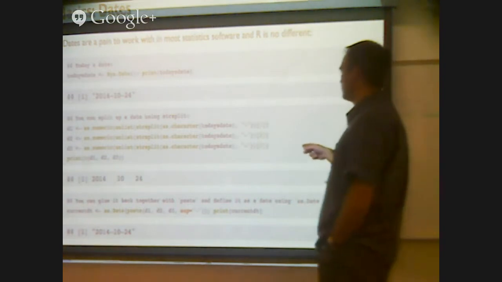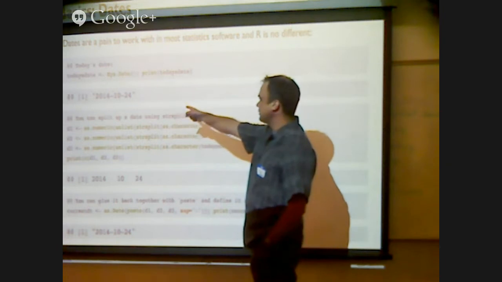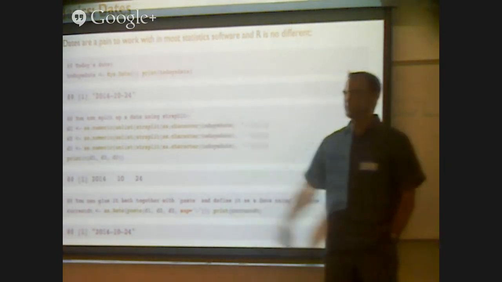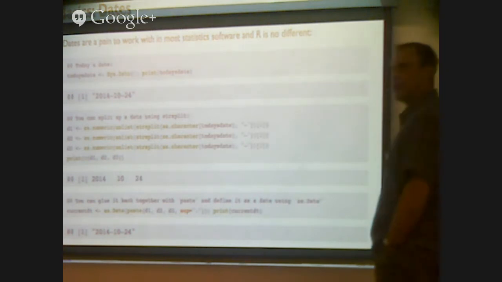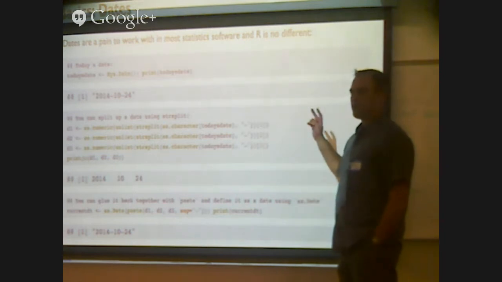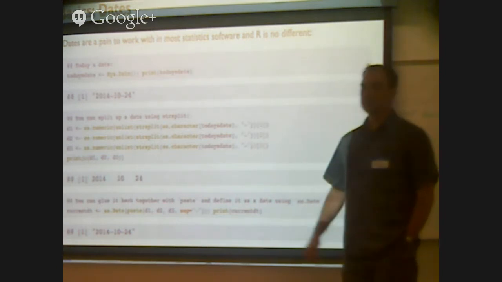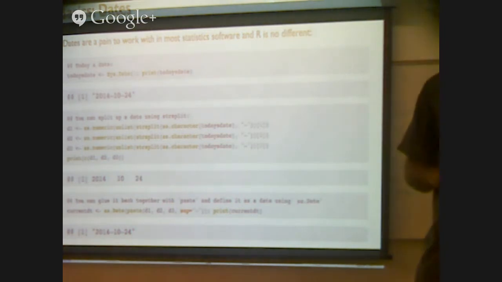It's getting better, but it's still a pain. Sometimes I'll get dates like 10/24/2014, and R will just think that's a string for some reason. Maybe I could be smarter about specifying that up front. But usually I just split it up, paste it back together, and call it a date. That's the point of that slide.